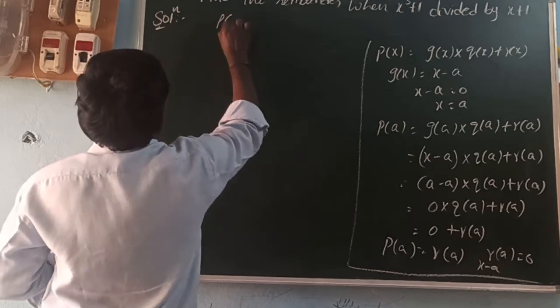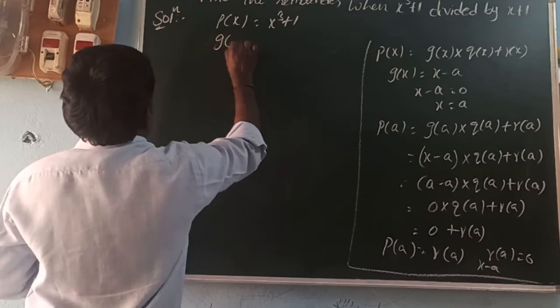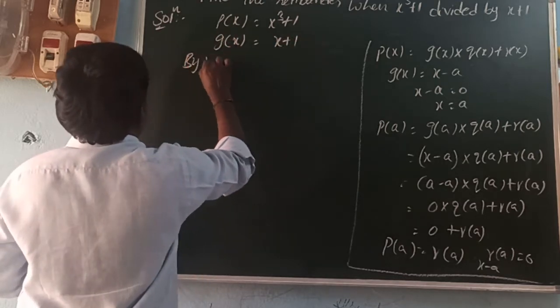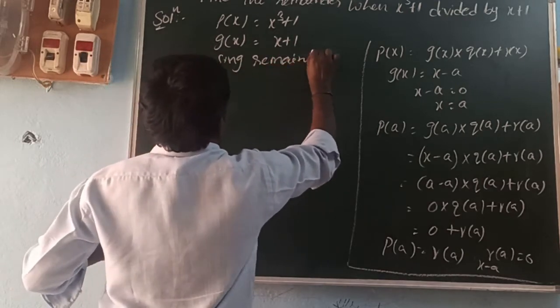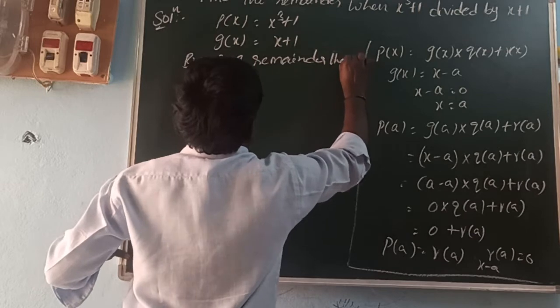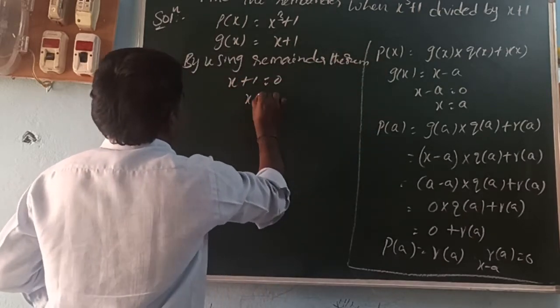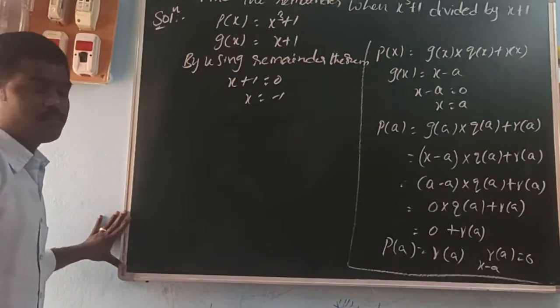given the polynomial p of x is equal to x cube plus 1, the divisor g of x is equal to x plus 1. By using the remainder theorem, x plus 1 is equal to 0, so x is equal to minus 1. In the place of x we put minus 1 in the polynomial p of x.